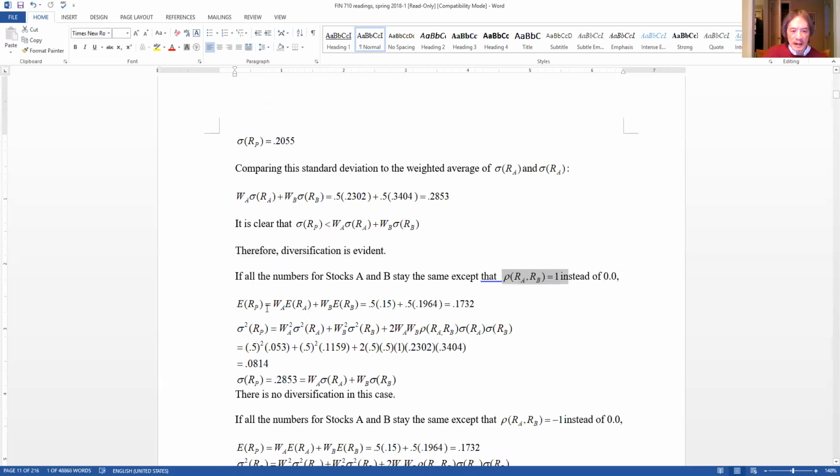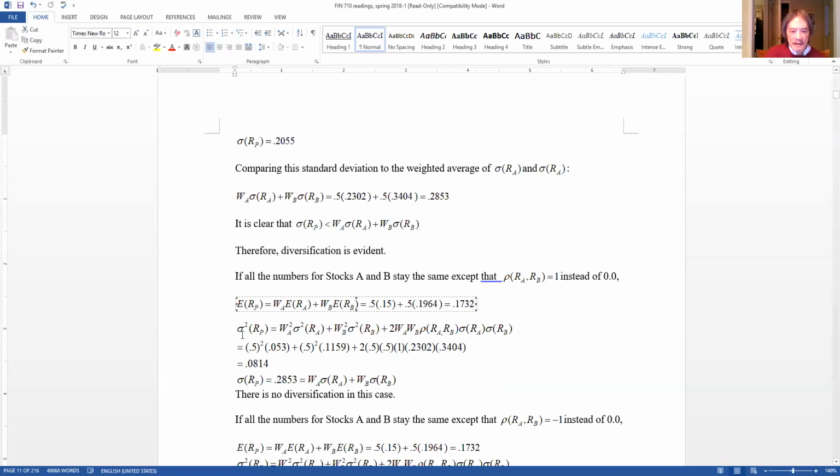It's again the weighted average, so it is still 0.1732. So this number didn't change. Although the correlation now is 1, okay? The expected return for the portfolio still remains the same as before.